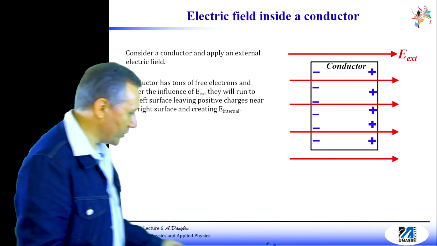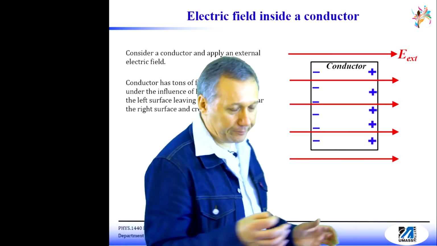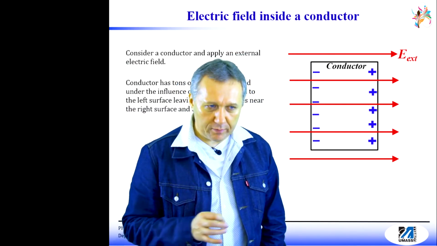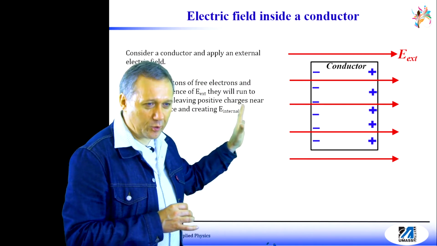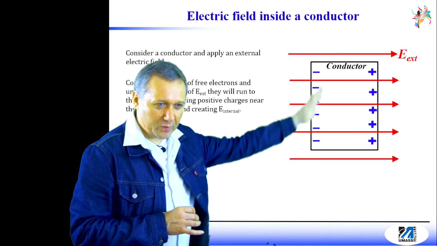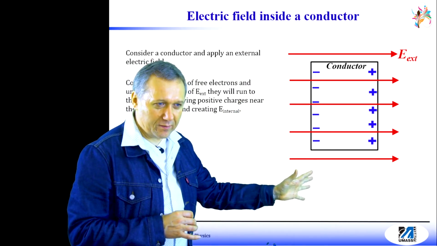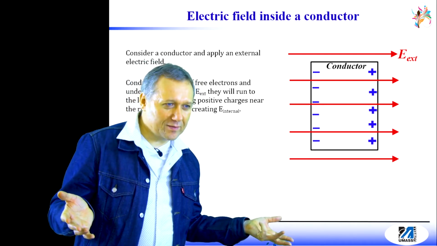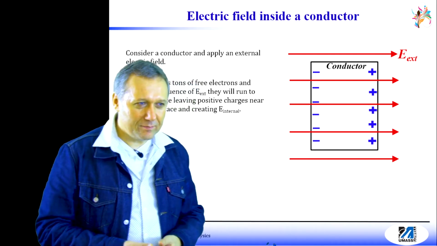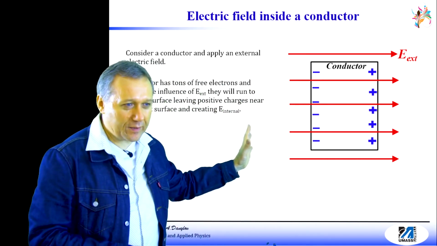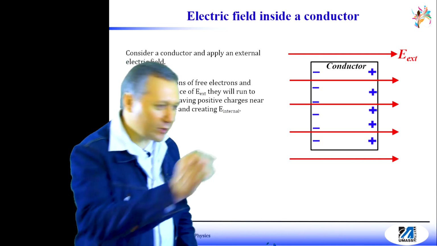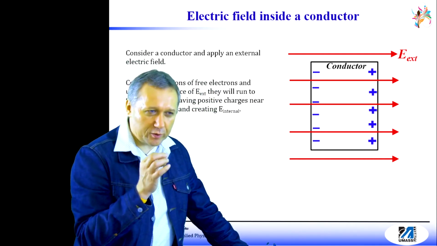Now the logical question: how many electrons are going to travel to this side, to this border of the conductor? 100, 1,000, 5,000, millions, all of the electrons? Of course, the question actually is not about how many electrons will travel.